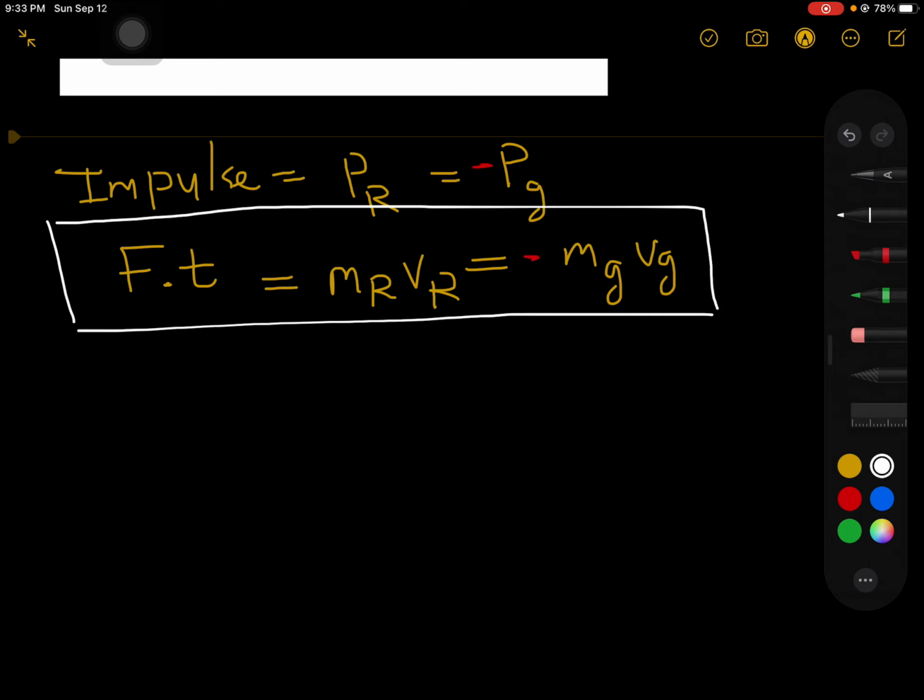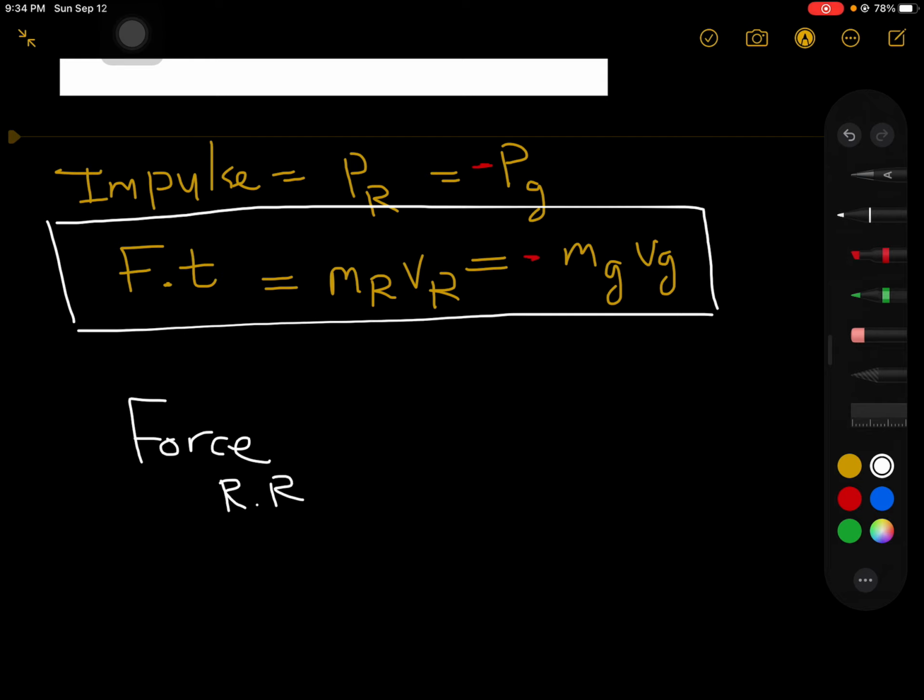Okay, this rule you have to memorize. There are a lot of questions where we are going to use this rule to solve them. And also you have to know the force of raising the rocket.